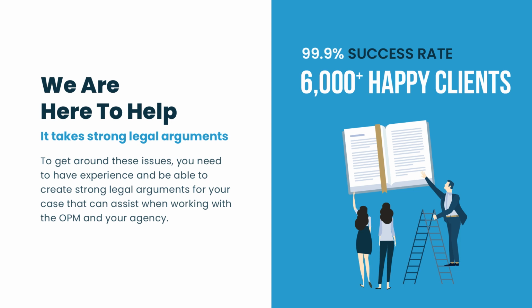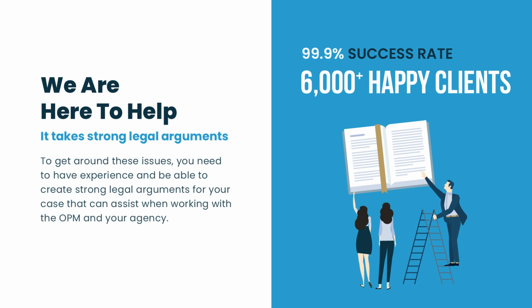Sometimes it's a misunderstanding, but sometimes that's really what they believe, and so we have to be prepared to respond to that in the event of a denial. We have years and years of experience dealing with the agencies and with OPM regarding these agency issues, and in all of those years, we have a 99% success rate, over 5,000 approvals for disability retirement.